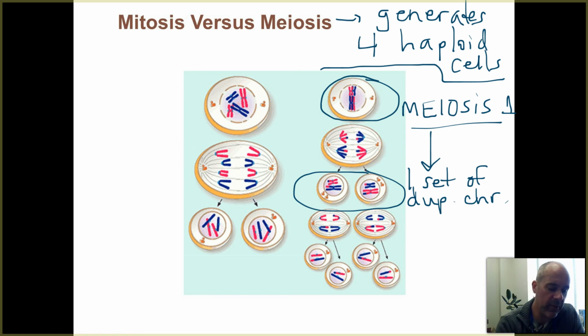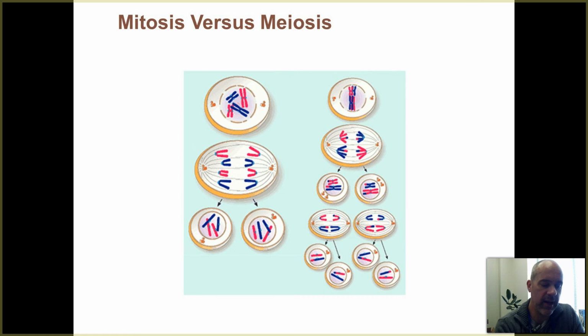So that's different from what we saw over here. Over here, for mitosis, you had 46 duplicated chromosomes. After the cells divided, each daughter cell had one set of 46 chromosomes. In meiosis, we're going to do 2 different steps because we need to cut that chromosome number in half. And again, this is called meiosis 1.